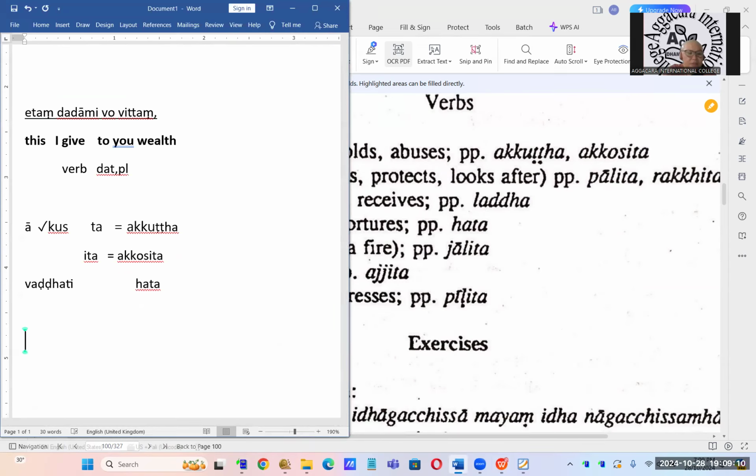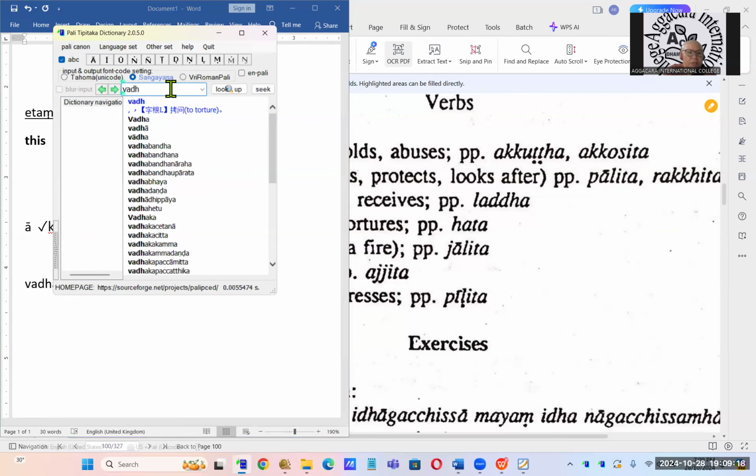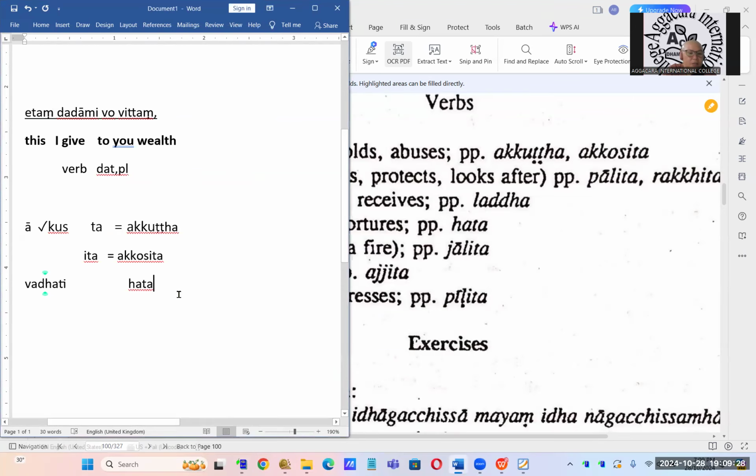Strange, huh? So not this one. Vadhati. Do we have vadh? Yes. Torture, slay. Now you also see the other one, badh. Okay. So the root will be hadh.